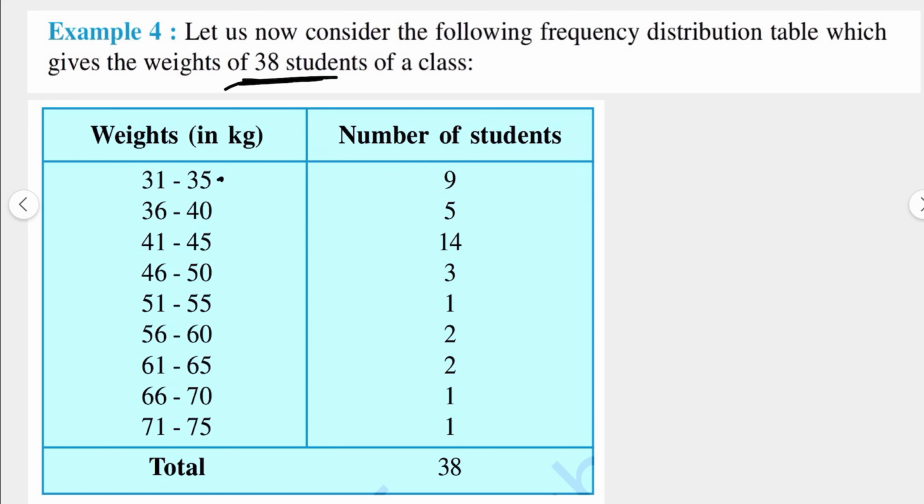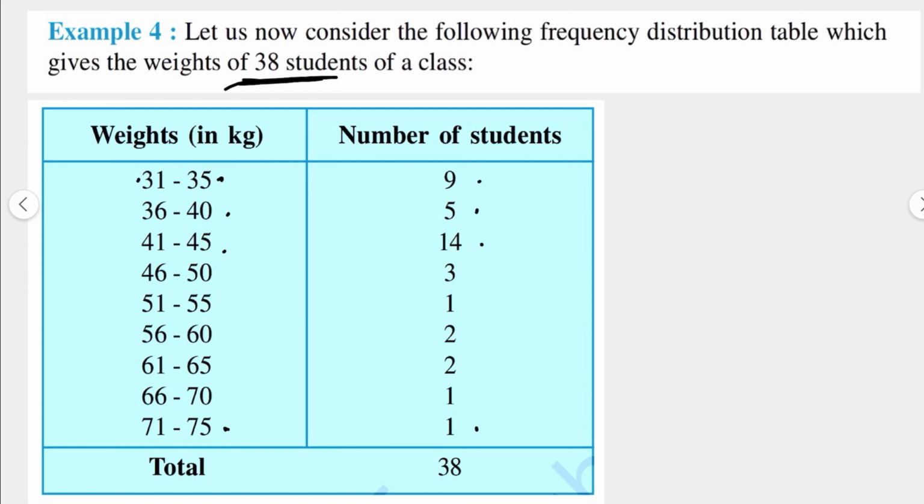We have 31 to 35, there are 9 students, 36 to 40, 41 to 45, 14 students, and so on till 71 to 75, there is only one student. There is no student whose weight is more than 75, so we stop there.